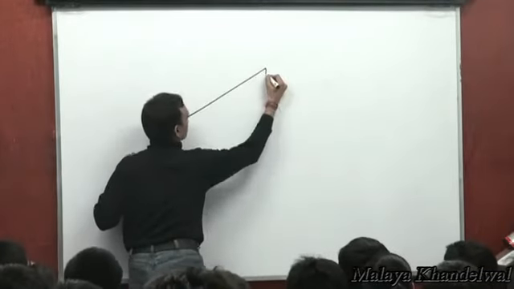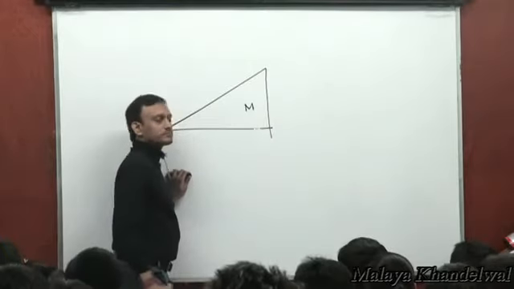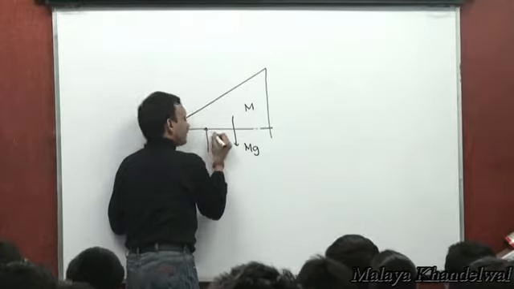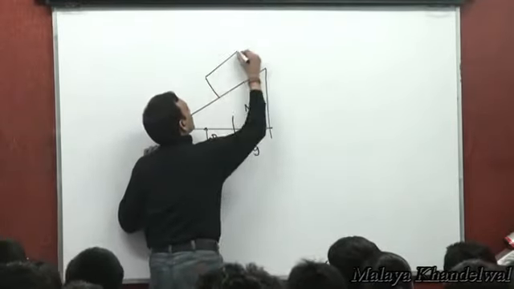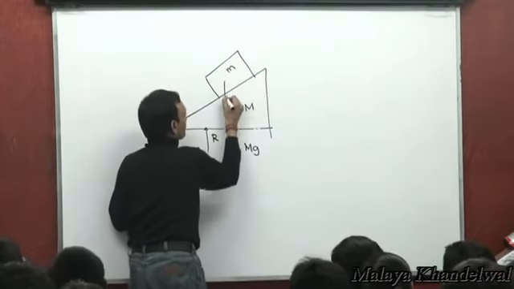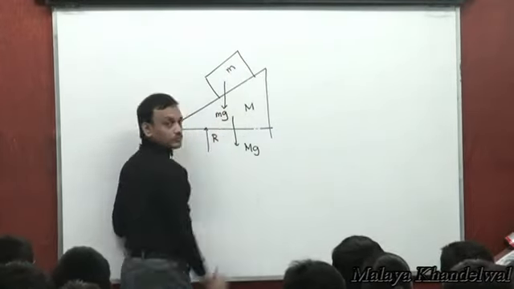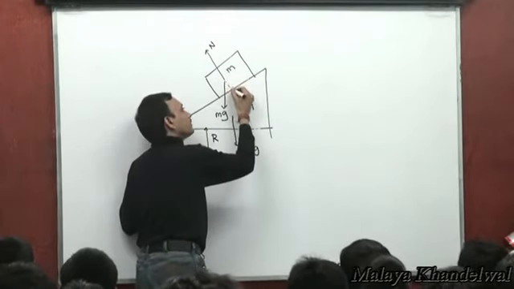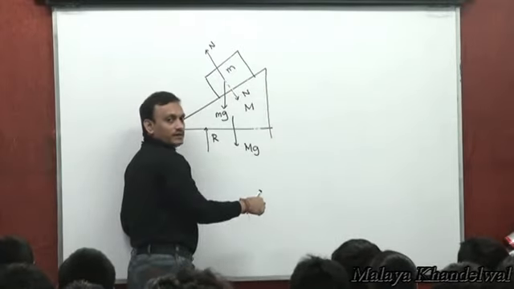All right, listen to me. Capital M, capital Mg, reaction R, right? Small m, mg, right? The normal reaction that the block exerts on m and that m exerts on the block are equal and opposite, right?